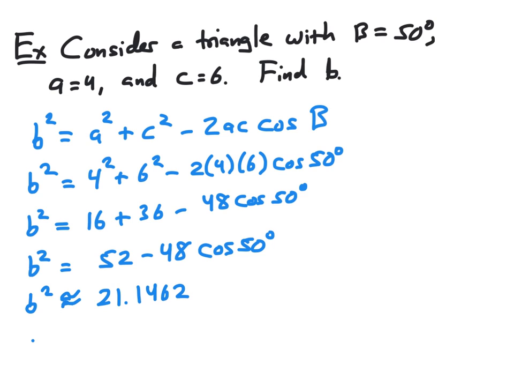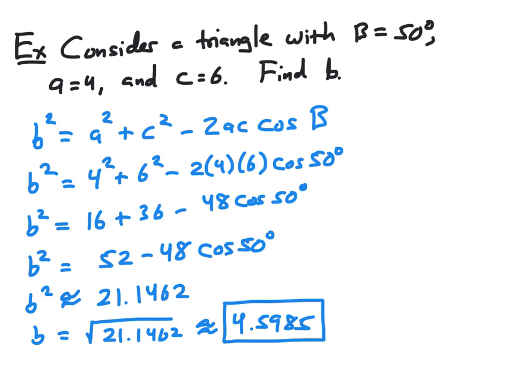And then to find the side length b, we're going to take the square root of this number, 21.1462. And that is going to be approximately equal to 4.5985. And so our value of b in this particular triangle is approximately 4.5985.